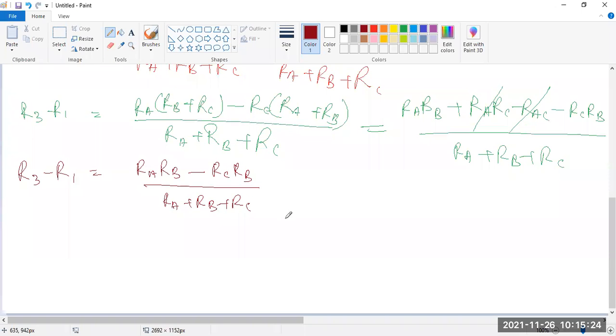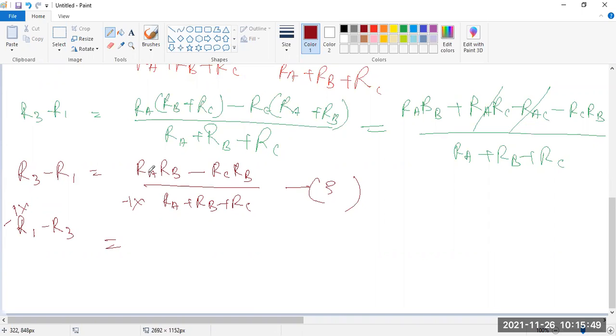Okay, this is the new equation, equation number 3. Okay, you can change it because we need to change it. Say R1 minus R3, just multiply with -1, so -1 also multiplied over here. So what happens?